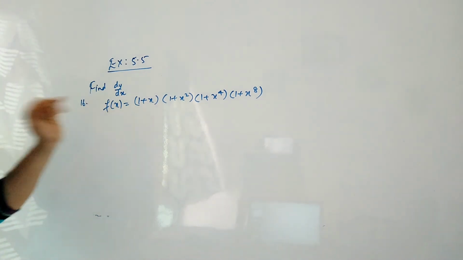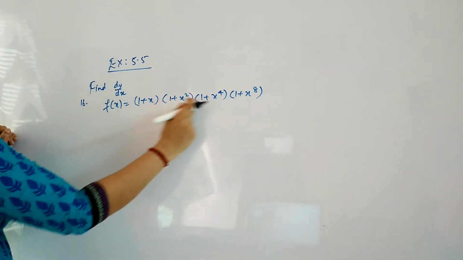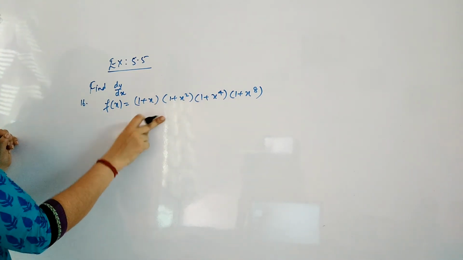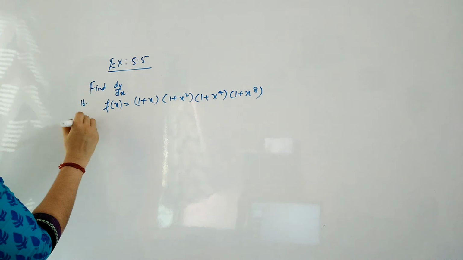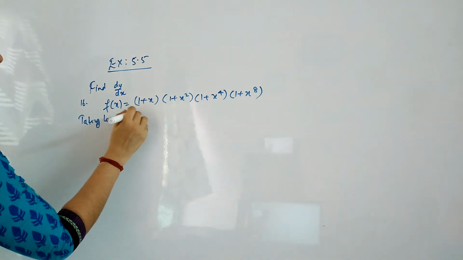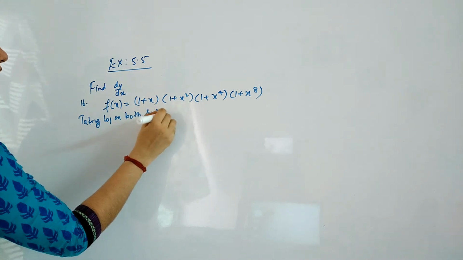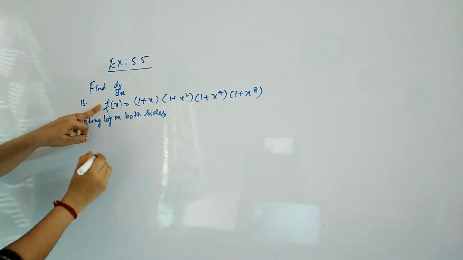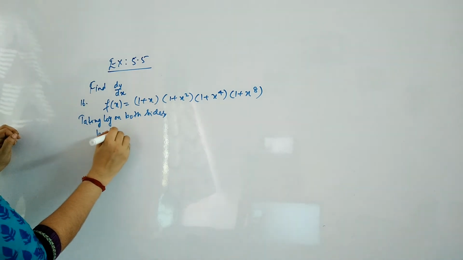Okay. Now how will you find it? Since you have a product of a lot of functions of x, we will use logarithmic differentiation, taking log on both sides. Here it will become log of f of x.